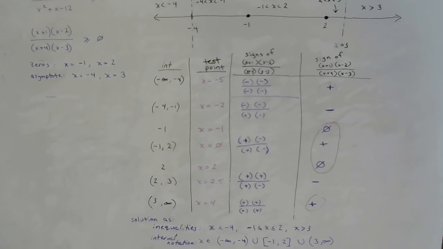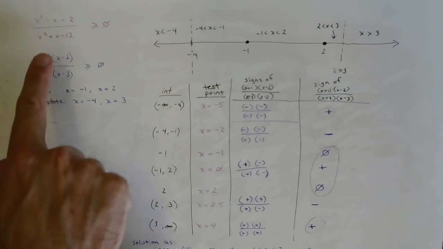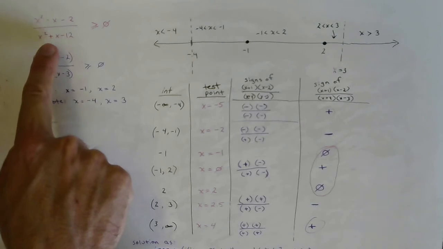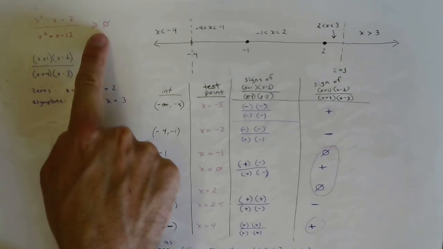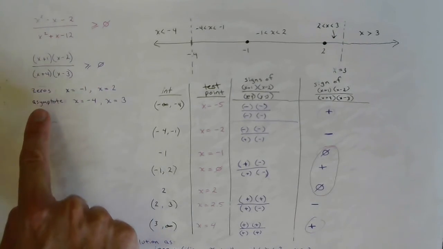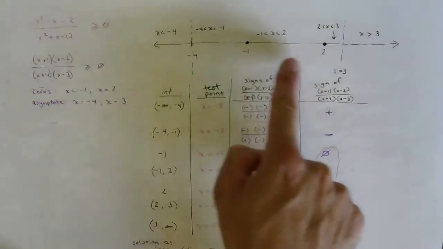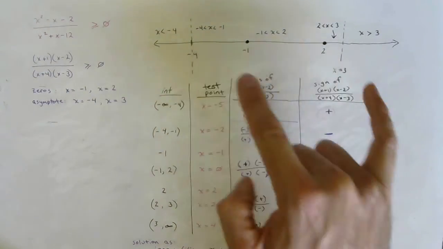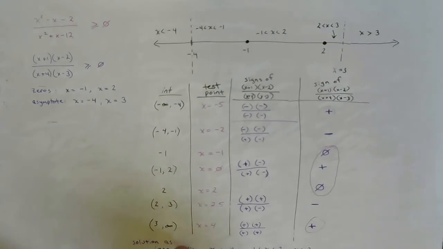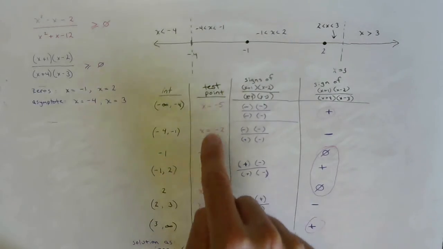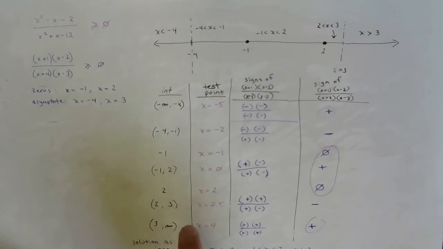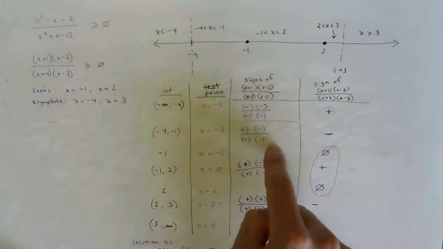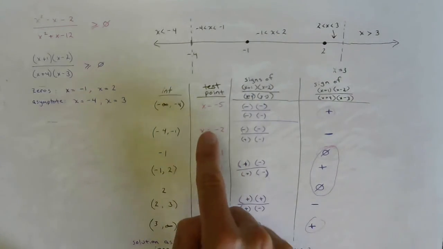Again, running through the steps really quick. You have a complicated quadratic over a quadratic as part of the inequality. Factor top and bottom to get your key points along your x value. So you get your zeros and you get your asymptotes. From there, you build your table of values. You find out a test point within each interval. Test each factor within each interval using that test point.